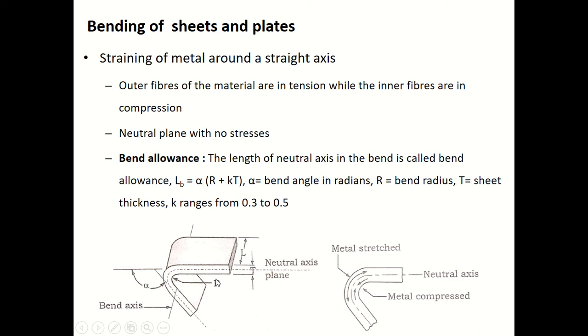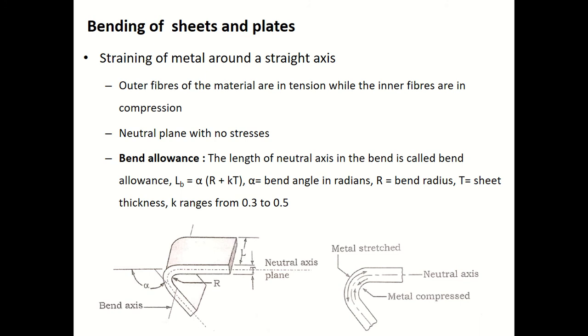If you look at this diagram, you can see that during bending, the outer fibers of the metal are in tension and the inner fibers are in compression. Wherever you apply a bending operation as part of sheet metal working or forming, this is what happens to the part while it is in bending.